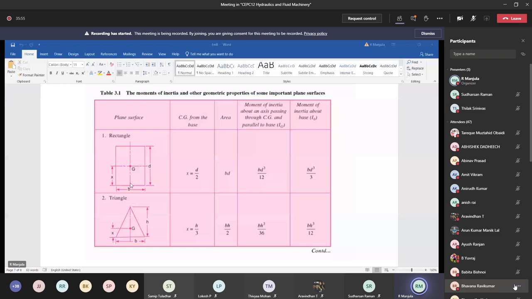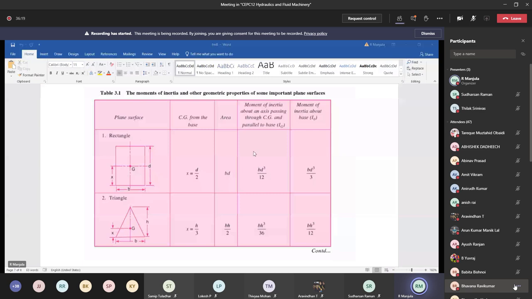Then x is equal to d by 2 from the base. The area is BD, and the moment of inertia about an axis passing through the CG and parallel to the base is Ig, which is equal to BD cube by 12 for a rectangular surface. And the moment of inertia with respect to the base is BD cube by 3.